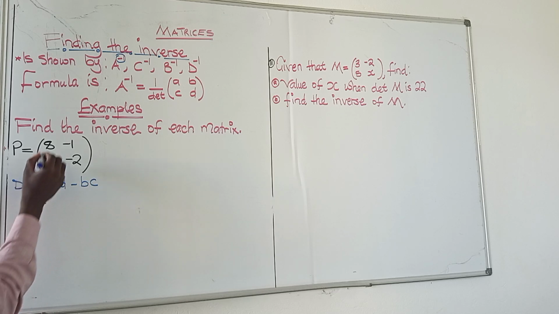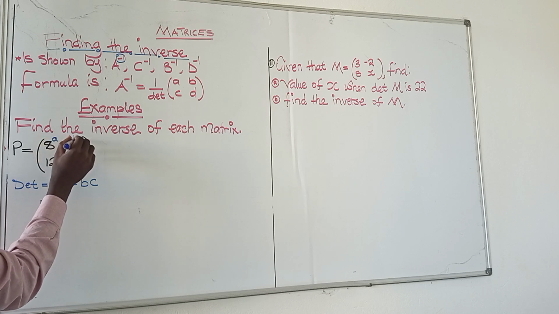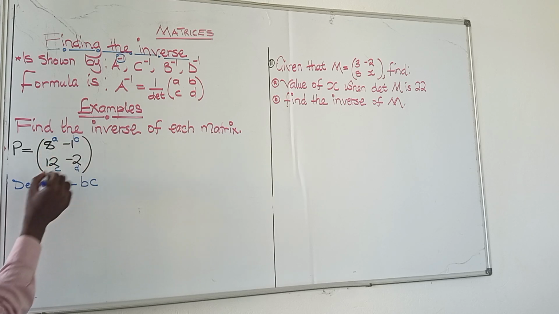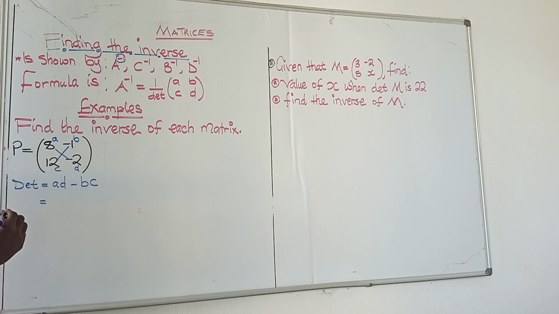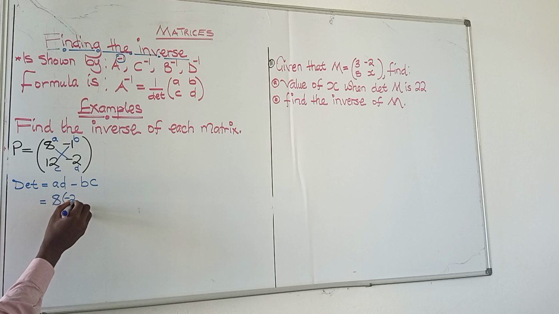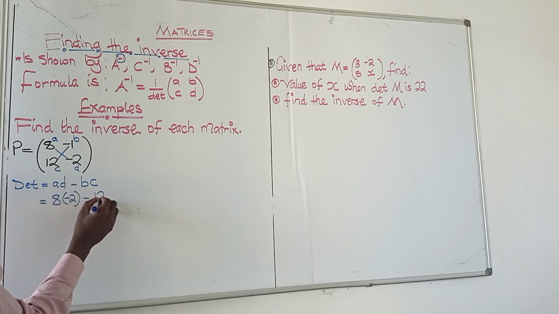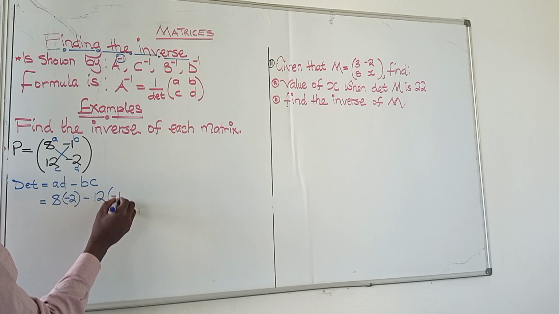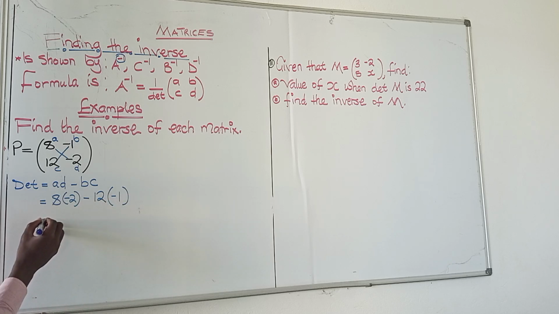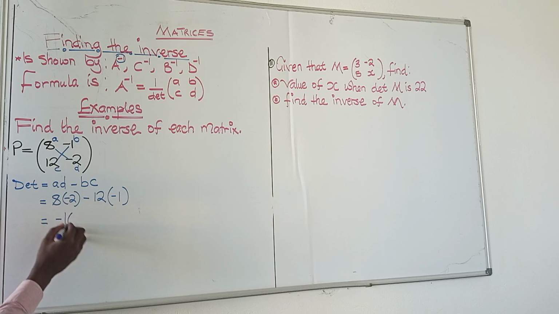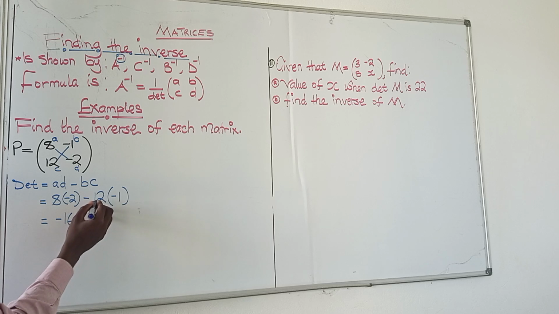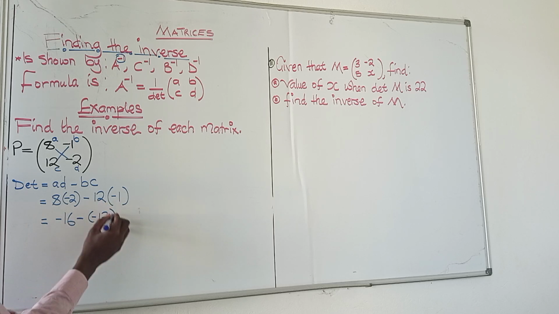We know from the previous lesson, this is our A, B, C, and our D. So we cross multiply. We say 8 multiplied by negative 2, minus 12 multiplied by negative 1. So this will be equal to 8 times negative 2, which gives us negative 16, minus 12 times negative 1, which gives us negative 12.